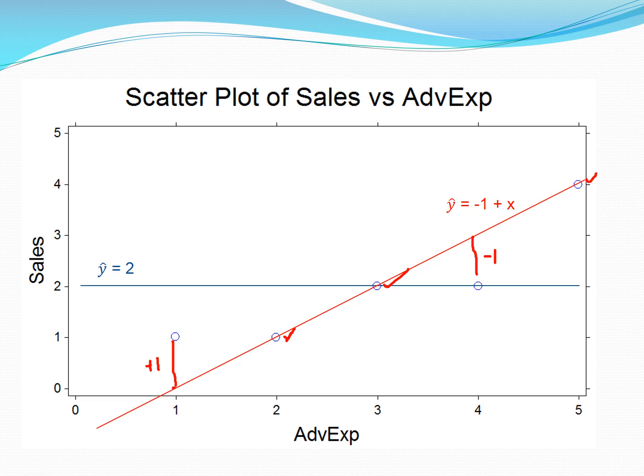So sum up all those errors, a negative 1, a positive 1, and a couple zeros, 3 zeros. So the sum of the errors is equal to 0. And the average error, if the sum is equal to 0, the average error is equal to 0. Okay, so that works. That's the first criteria. Now let's say sum of the squared error.